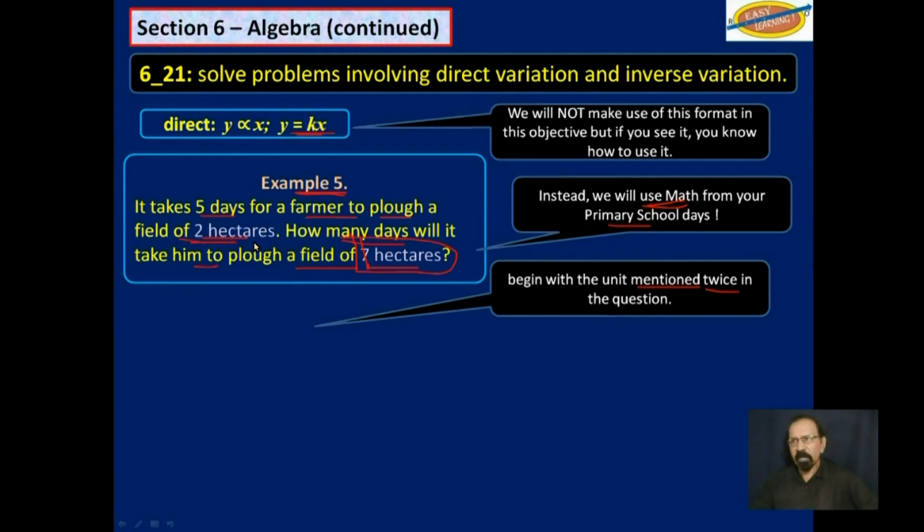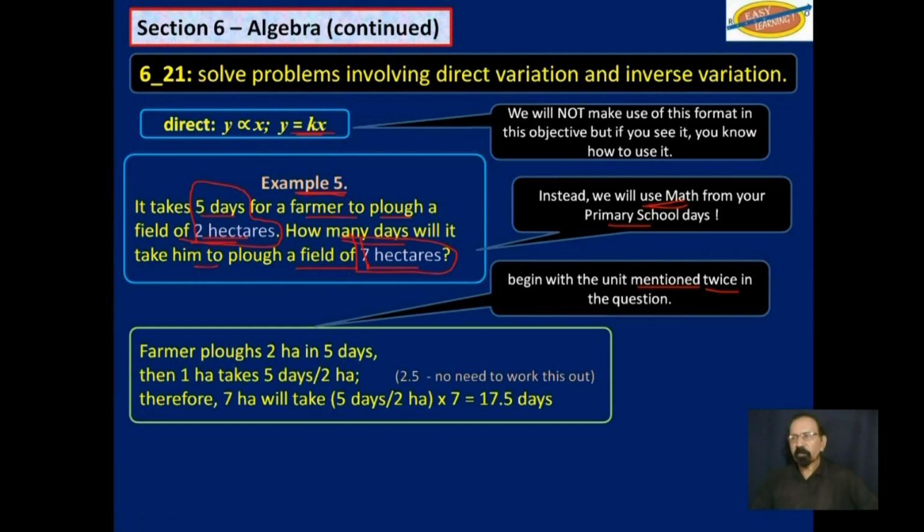Now, what is related to this 2 hectares would be those 5 days. So the farmer plows 2 hectares in 5 days. Then 1 hectare will take 5 over 2 days, which is 2.5. Recall, that is actually k up here.